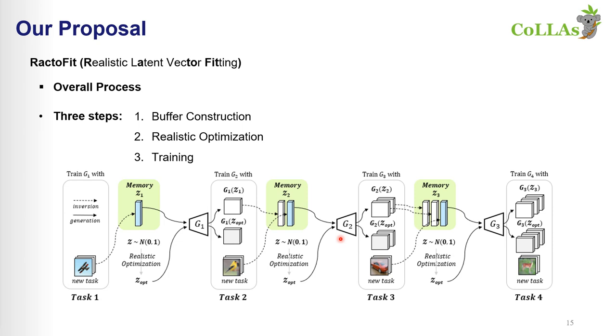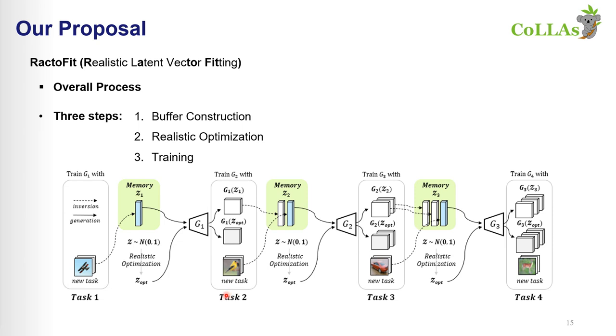So let's see the overall training process. At the first task, we just train G1 with the first task images and save the inverted latent vectors of a subset of these images.